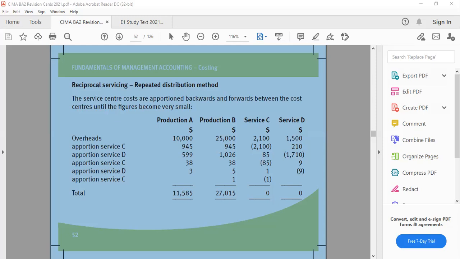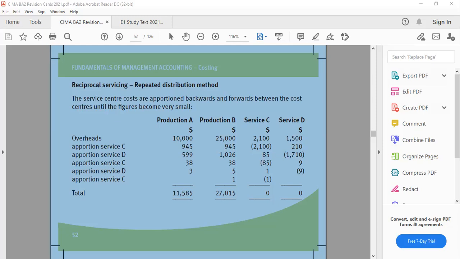So now let's start with service department D. Now what is the ratio for service department D? 35%, 60% and 5%. So in this ratio, costs have to be charged.